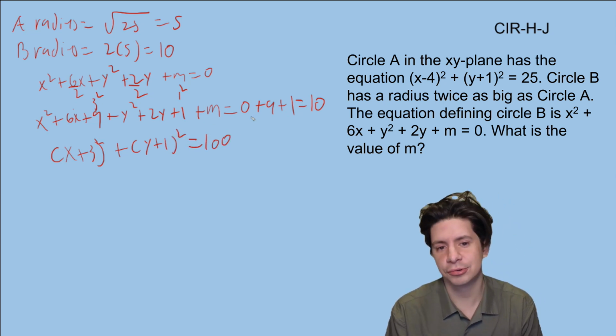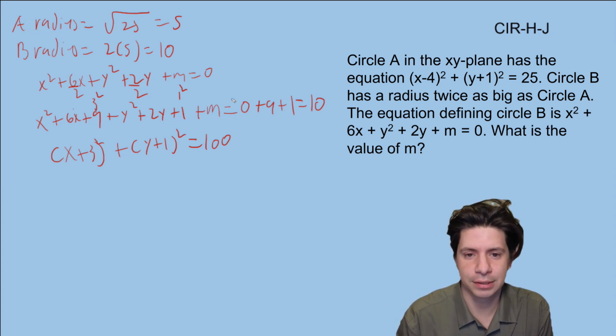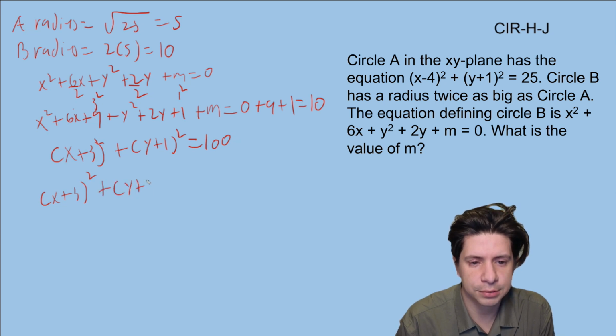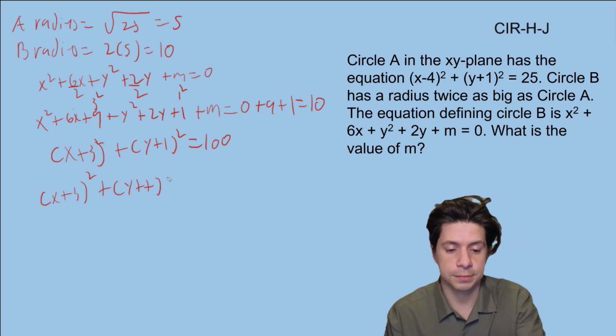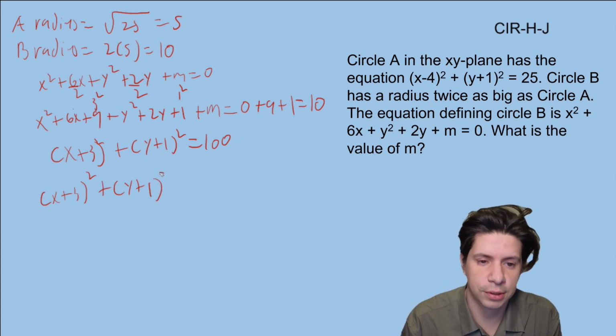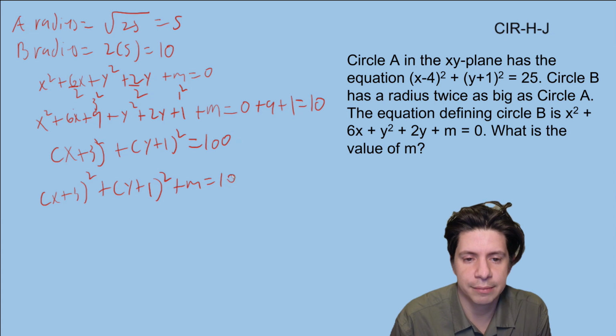But how do we get 100 when we just have 10? M has to be a certain value. So right now we have (x plus 3) squared plus (y plus 1) squared plus m equals 10, but we need that to be 100, so we're going to subtract m.